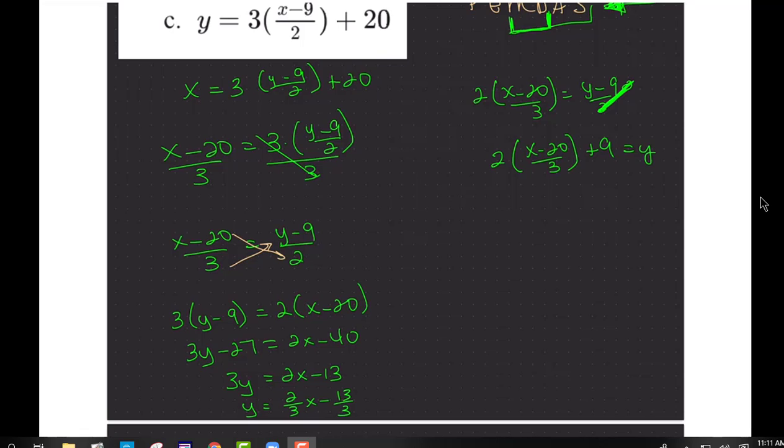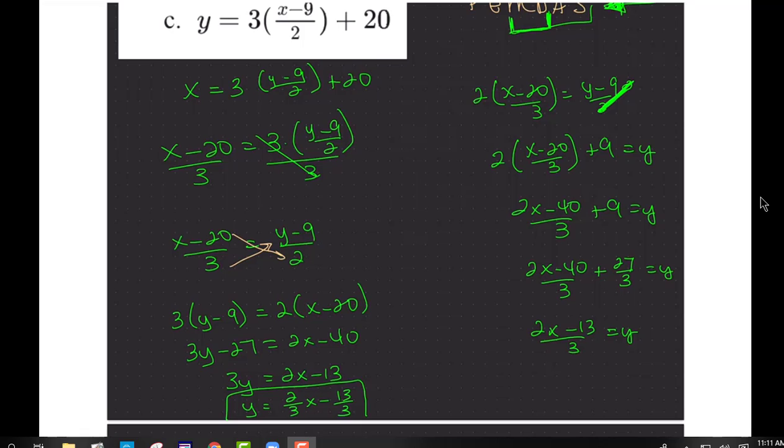And yours, well, it made more sense. Yeah, but this one, so we got 2x minus 40 over 3 plus 9 equals y. So now you got 2x minus 40 over 3 plus 27 over 3 equals y. So then now you get 2x minus 13 over 3 equals y.